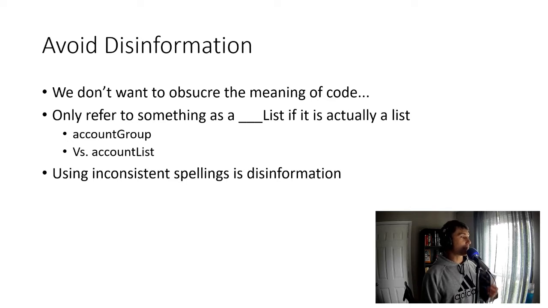So if you have a variable account group, and then you have another variable account list, account group might be a list, like an array list of strings or something like that. Maybe at that point it would be appropriate to say account list instead of account group.